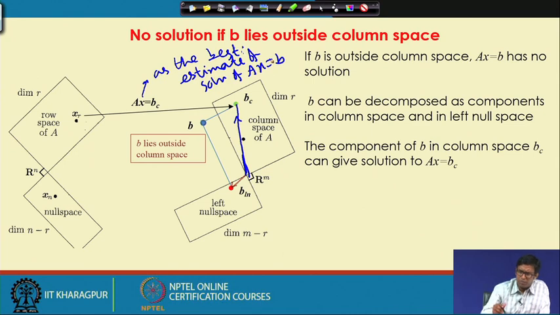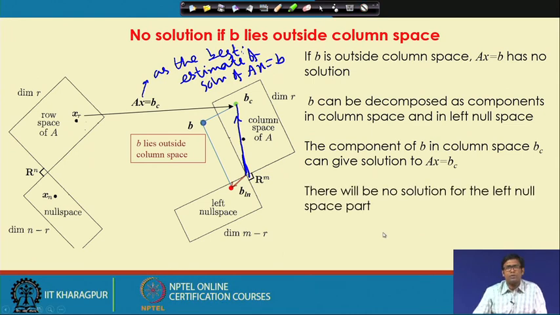That will be the proposition here. There will be no solution for the left null space. Of course, if b is in the left null space, there is no solution.